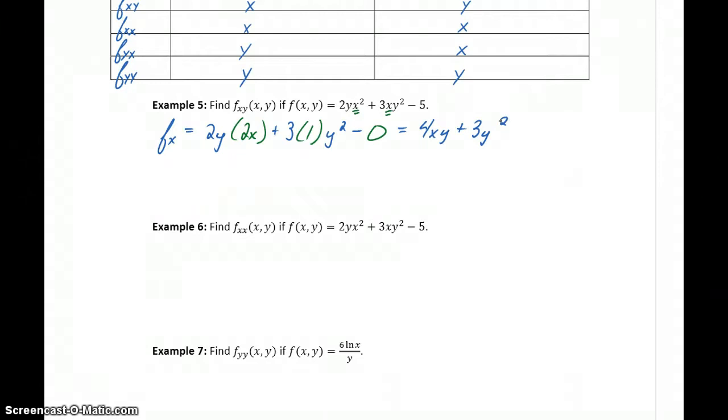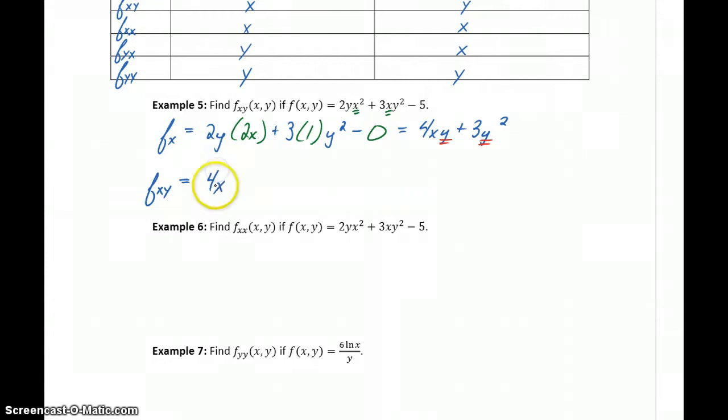So that's our derivative with respect to x, but our ultimate goal in this problem is to find f sub x sub y. So now what we want to do is take the derivative of this first partial derivative, but now we'll look at it with respect to y.